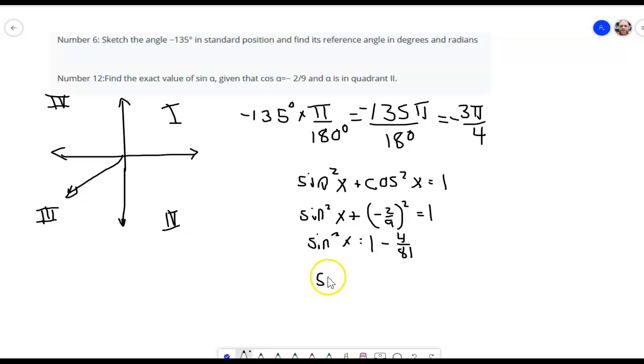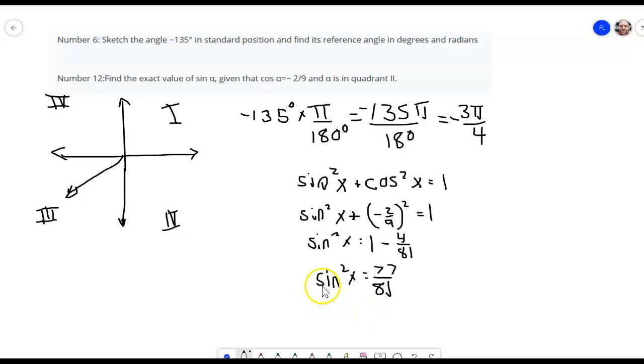So now sine squared of x is equal to, I'm going to write 1 as 81/81 minus 4/81. So 81 minus 4 is 77. So this is going to end up being 77/81.